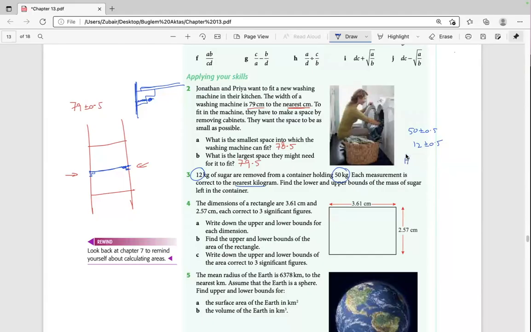This would be higher mass left in the container when we take 50.5 and when we remove 11.5. Getting it? We are using a combination of both. So this is 39. If you just subtract 50 and 12, that is 38, and then you would have to add both the accuracies to get 39. That will become more complicated.